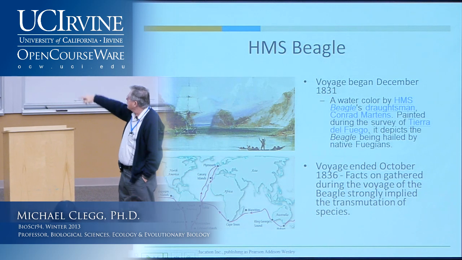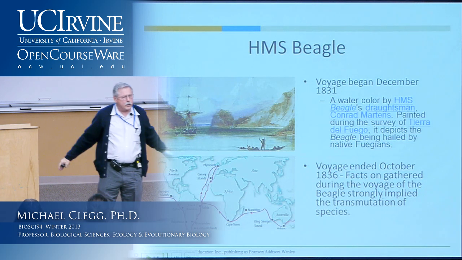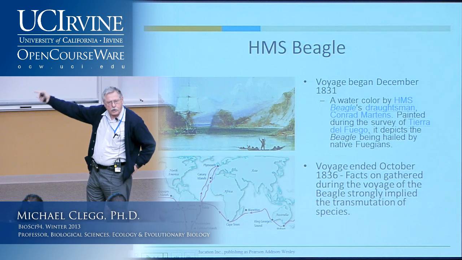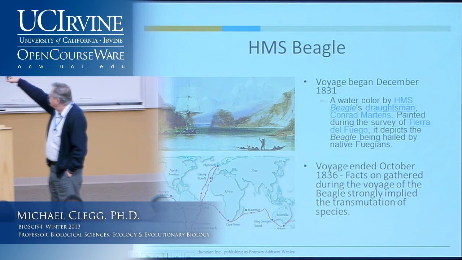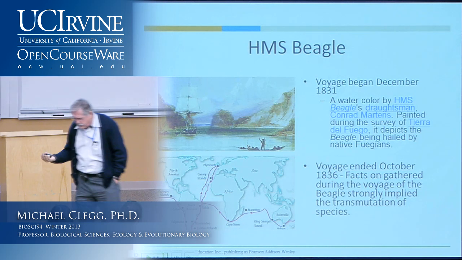And then stopped again in Montevideo, Uruguay, and the River Plate, it's a huge river, miles wide, separates Uruguay from Argentina. And then down to the Falkland Islands and further south in what is today Argentina.